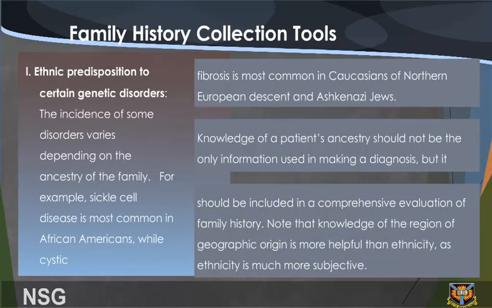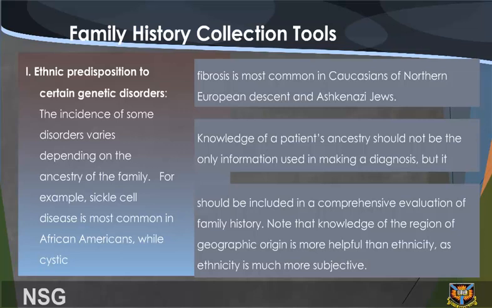L. Ethnic predisposition to certain genetic disorders. The incidence of some disorders varies depending on the ancestry of the family. For example, sickle cell disease is most common in African Americans, while cystic fibrosis is most common in Caucasians of Northern European descent and Ashkenazi Jews.